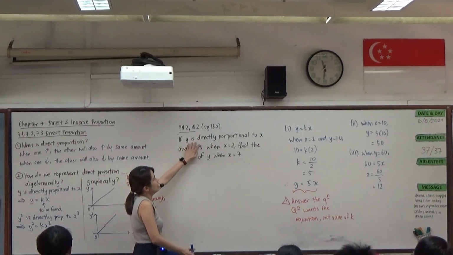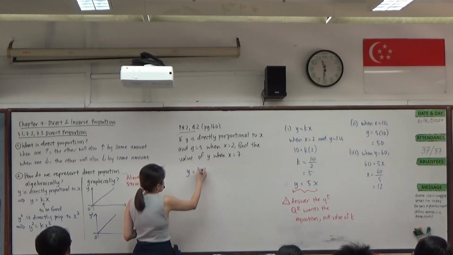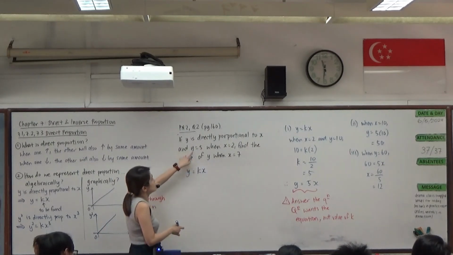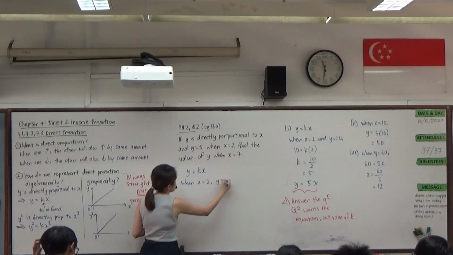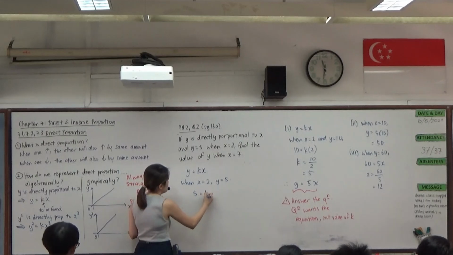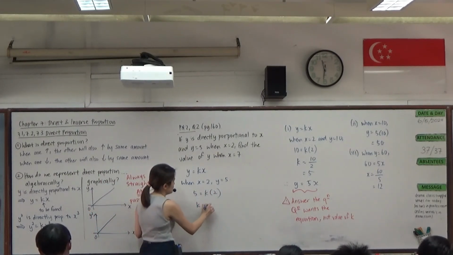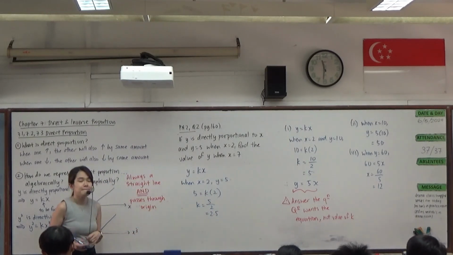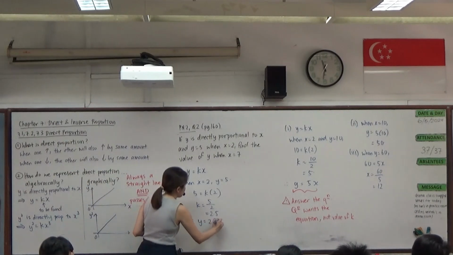Just recognize that y is directly proportional to x. That means that y is equal to kx. Then we go and find k, because the question says that when x equals 2, y is equal to 5. So I can find the value of k to be 5 divided by 2, which is 2.5. So our equation will be y equals 2.5x.